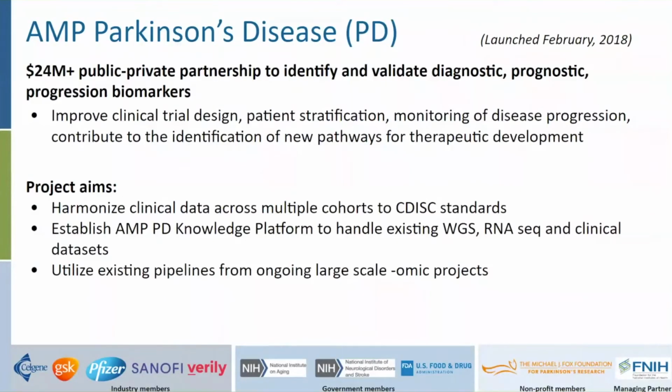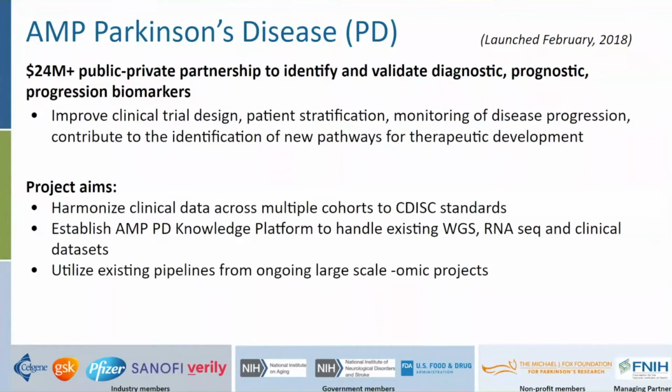AMP-PD, AMP Parkinson's disease, is a public-private partnership between the National Institutes of Health, the U.S. Food and Drug Administration, industry, which includes Celgene, GlaxoSmithKline, Pfizer, Sanofi, and Verily, and nonprofits, Michael J. Fox Foundation.